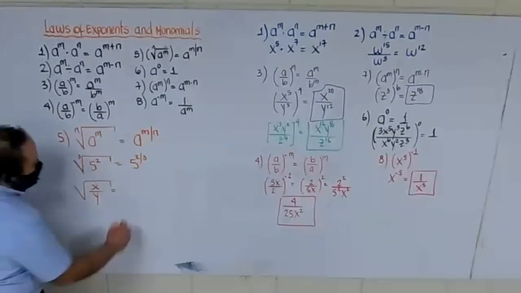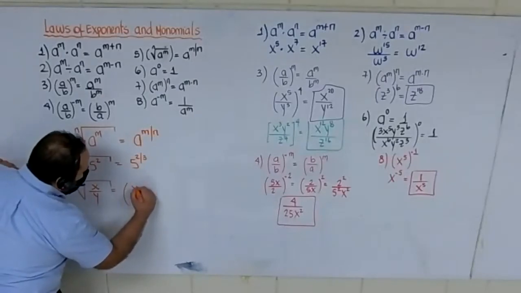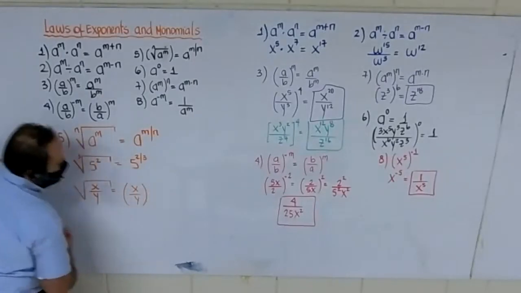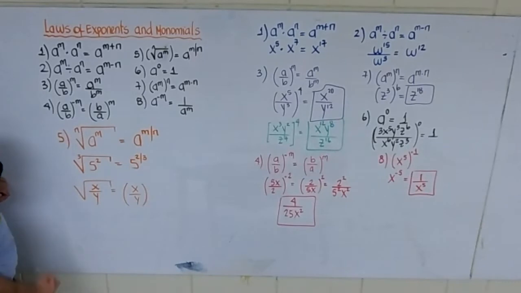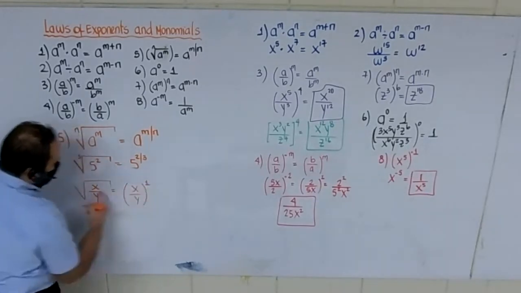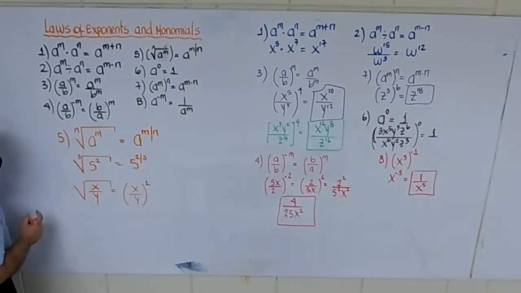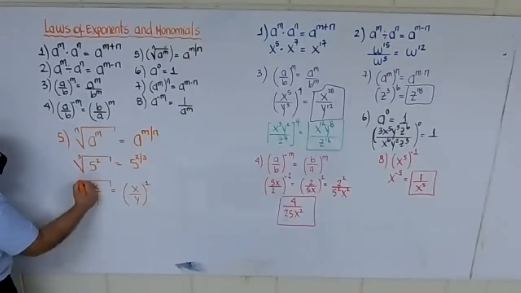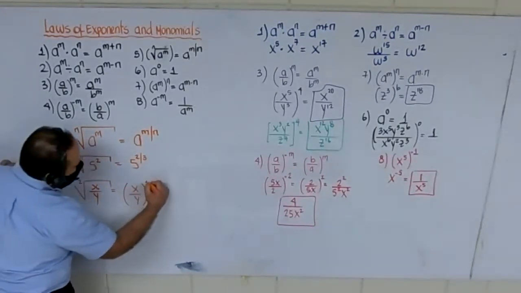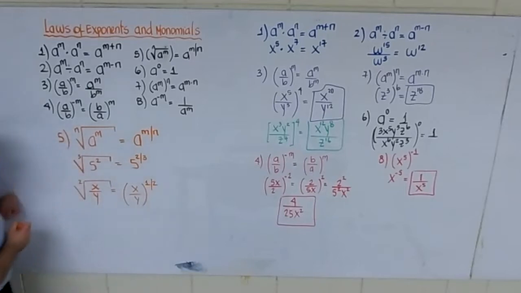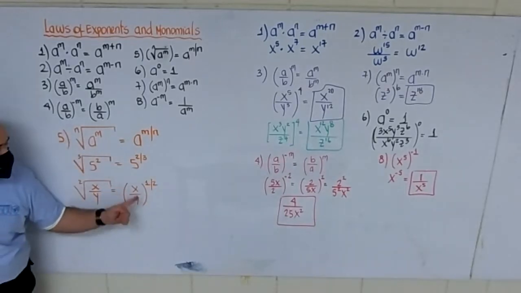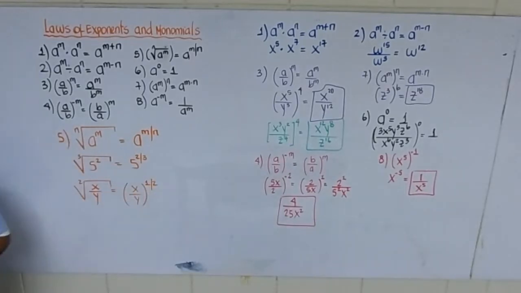So what we have to do: x and y, remember, both have a power of 1, because x is to the first power and y is to the first power, and because we have the imaginary number 2 over here, this is going to be parentheses x over y elevated to 1/2.